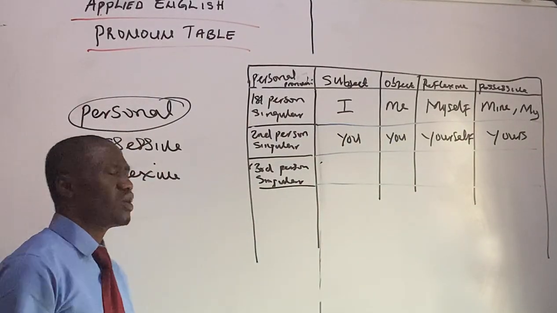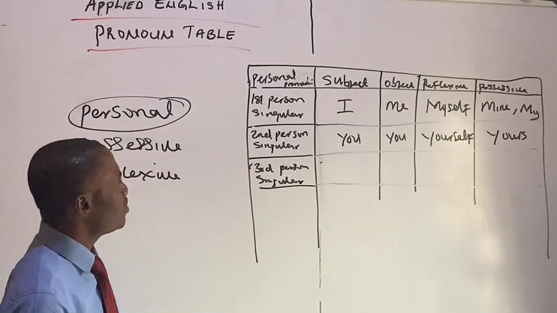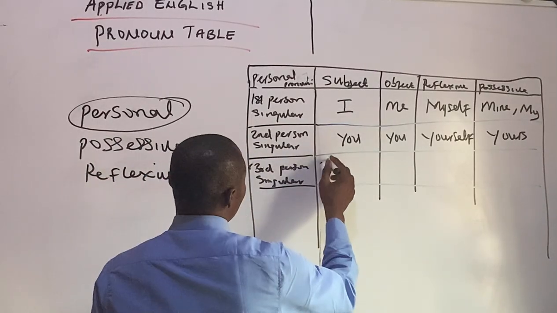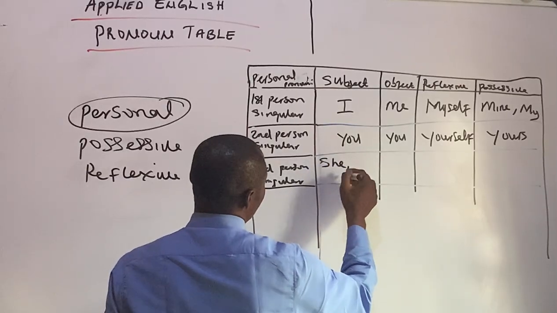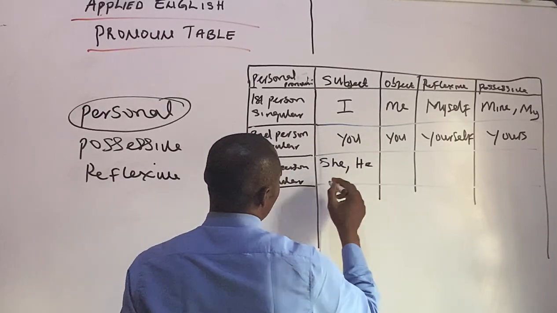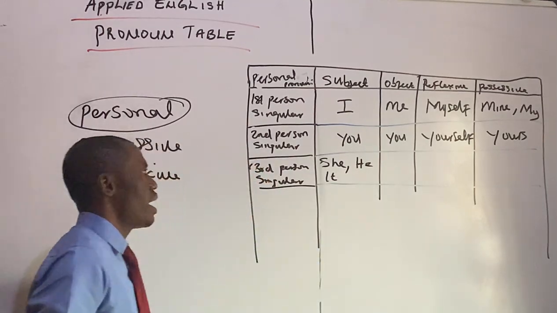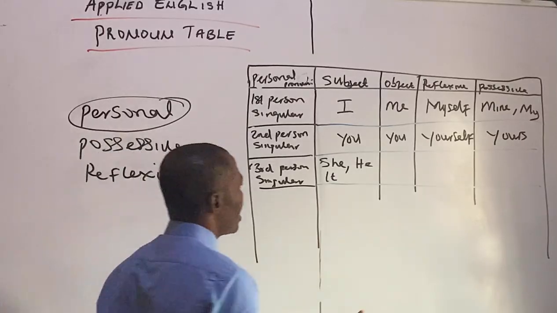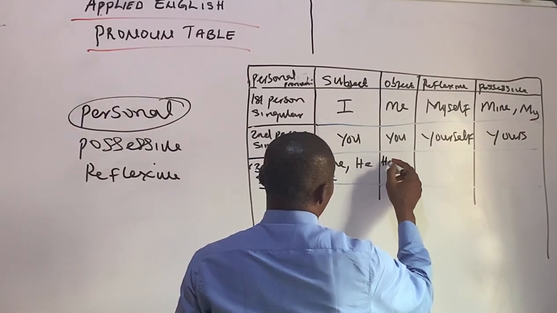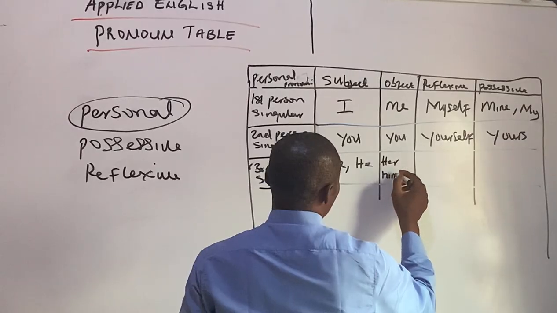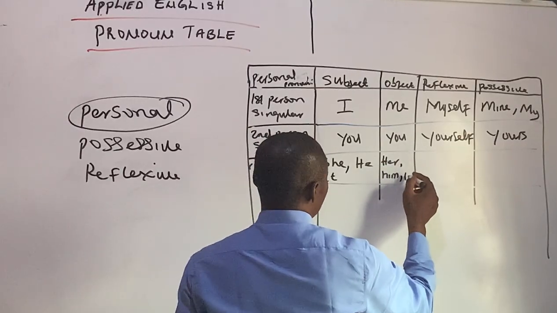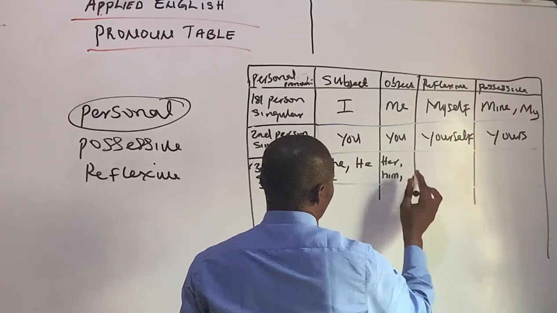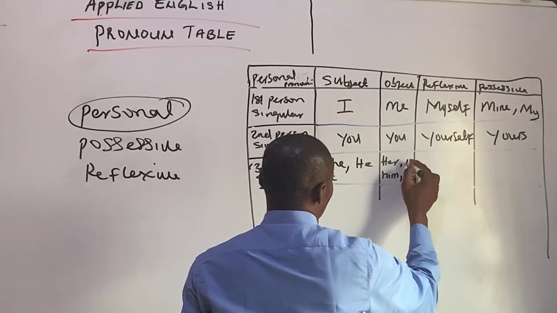For the third person singular, at the subject level, you use she, he, it. For the object level, you use her, him, it, and one. Space is not enough, let's put it here.